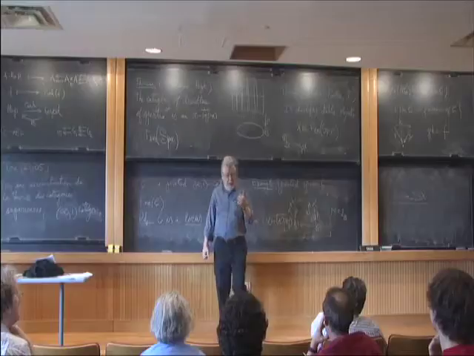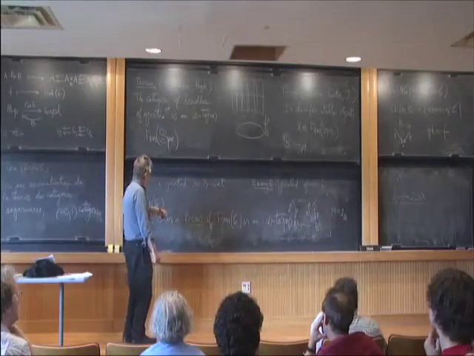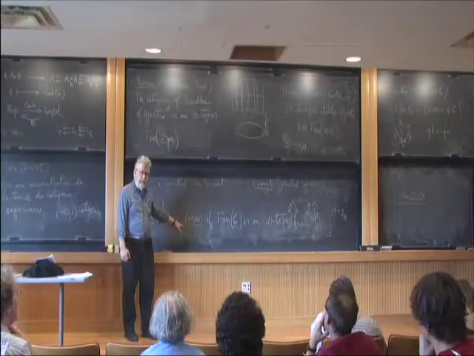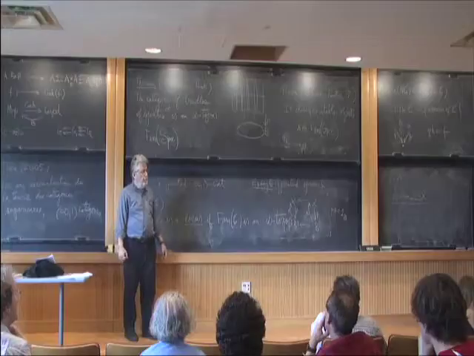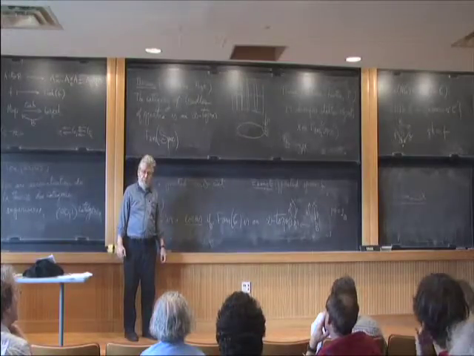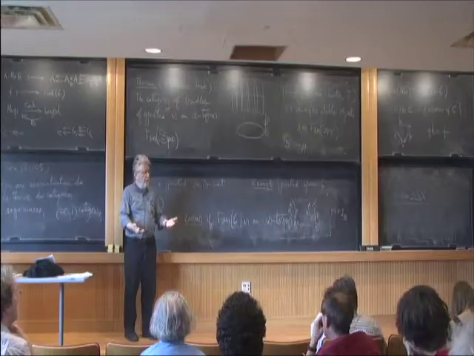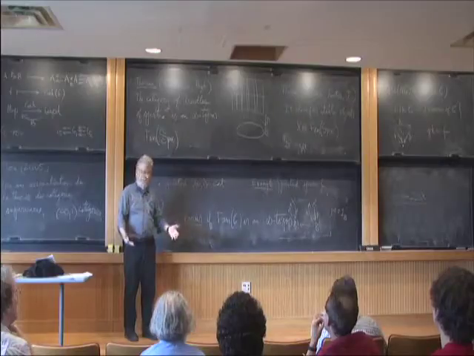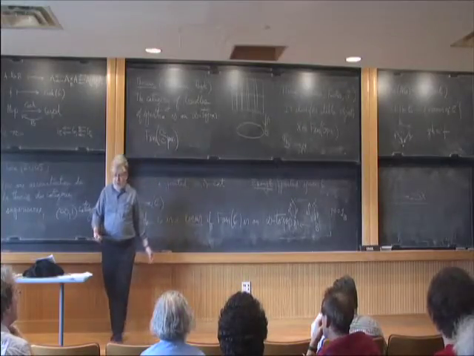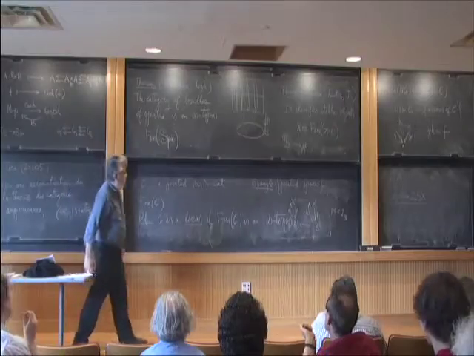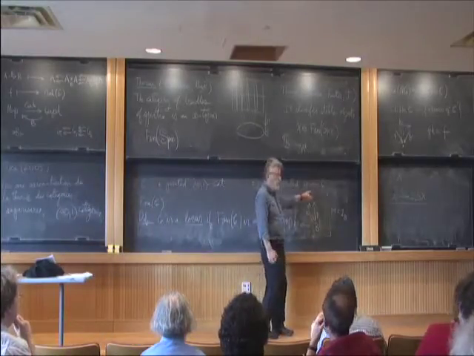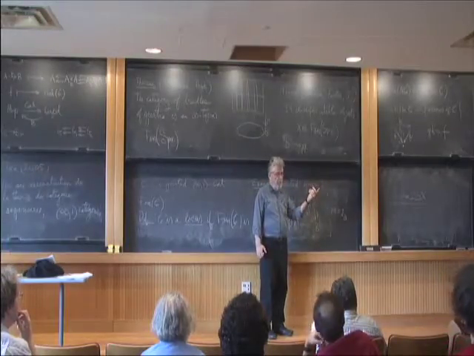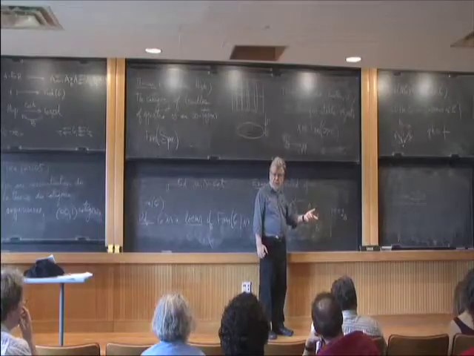In other words, it's very easy to show that a left exact localization of a locus is a locus, because that's the definition of an infinity-topos. It should be closed under left exact localization. So if I take pointed spaces and a left exact localization of that, I will again have a locus, because pointed spaces is a locus.